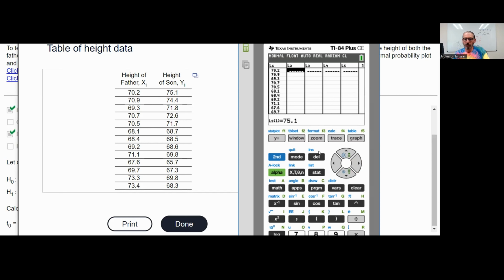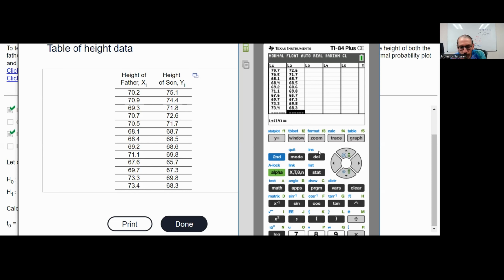That's why I need to be careful right from the beginning. 75.1, 74.4, 71.8, 72.6, 71.7, 68.7, 68.5, 68.6, 69.8, 65.7, 67.3, 69.8, and 68.3. In some of these pairs, the son is taller, in others, the father's taller.